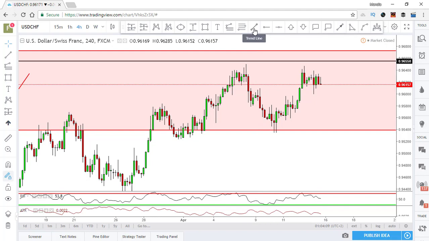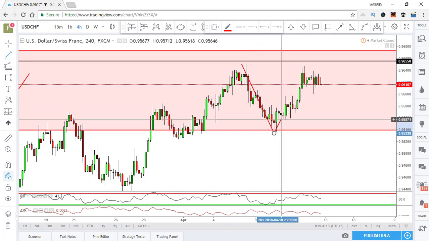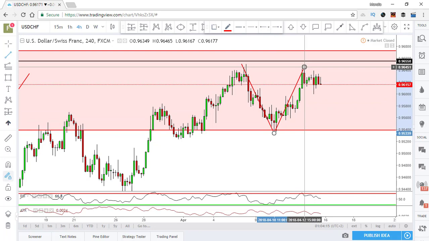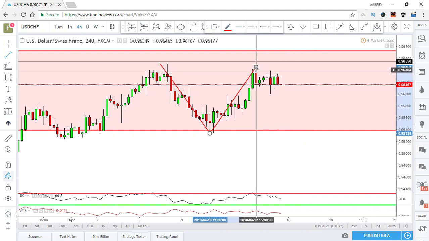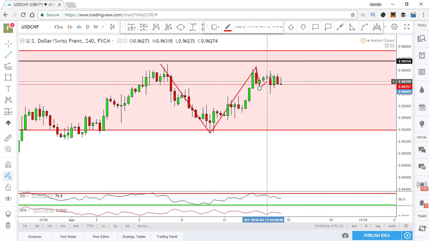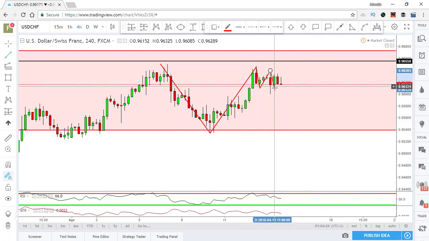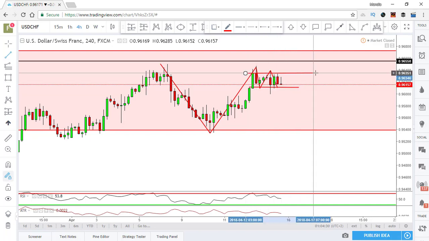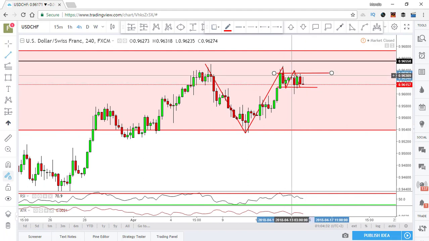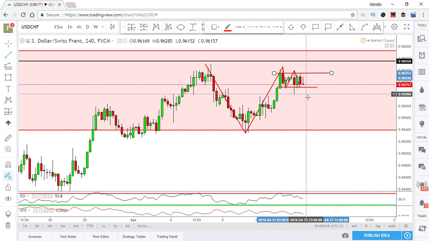From this large double top right here, we had a retest, and with it we have another double top within this double top. As you take a closer look, we have a double top, then a consolidation period between these highs and these support levels right here.